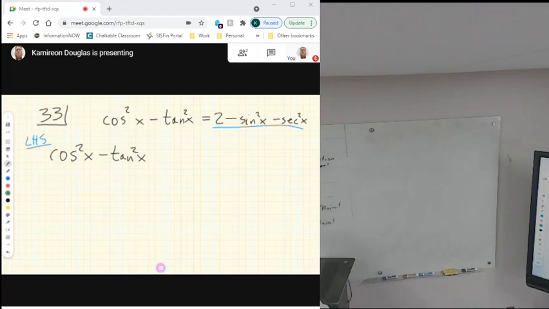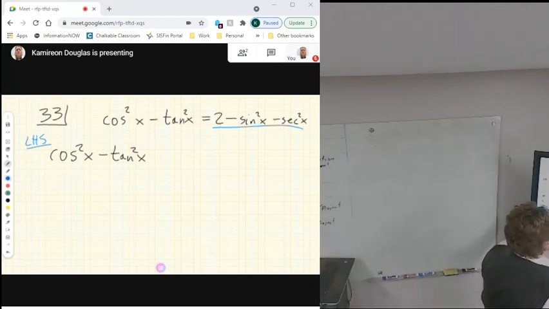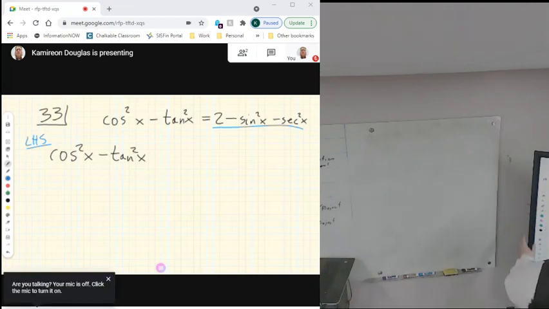Look at your Pythagorean identities. So, what you have just discovered is there is a connection between tangent and secant. What was that connection?